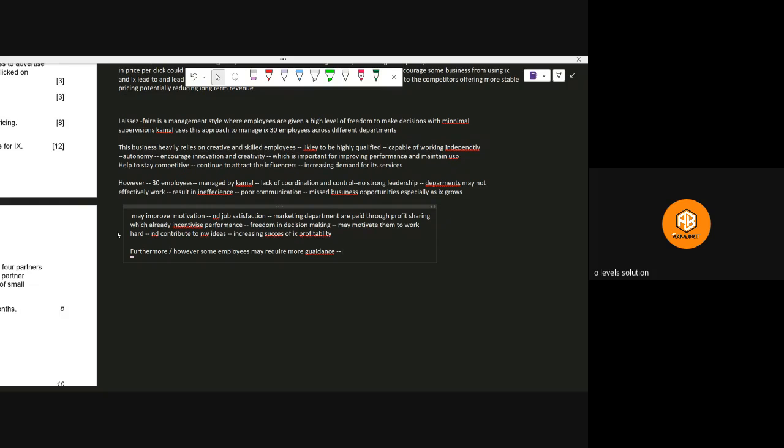For example, the workers in the maintenance department, since maybe they are less experienced or less skilled, this staff may not perform well without guidance.